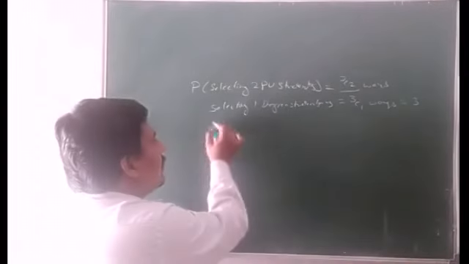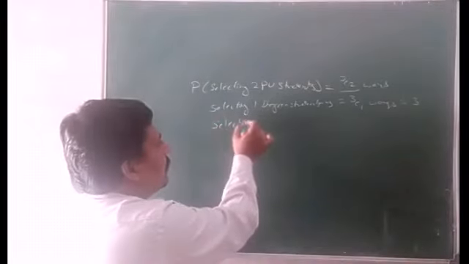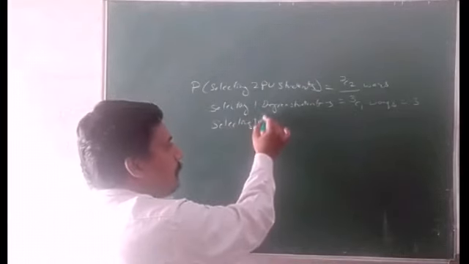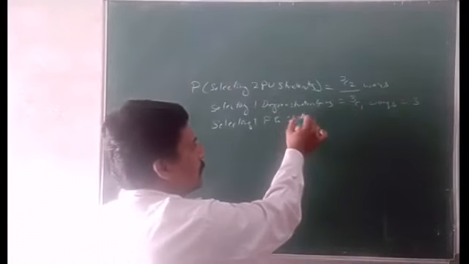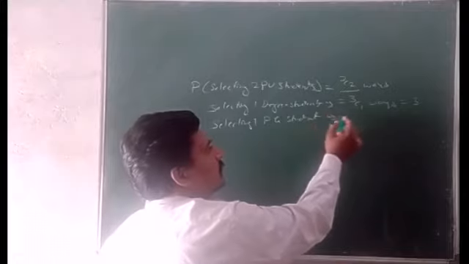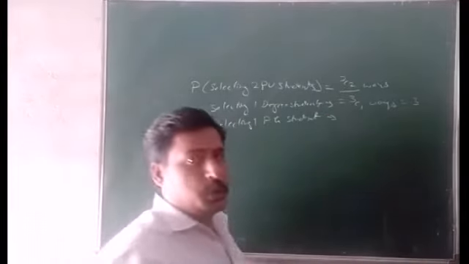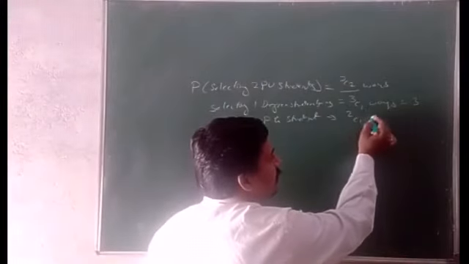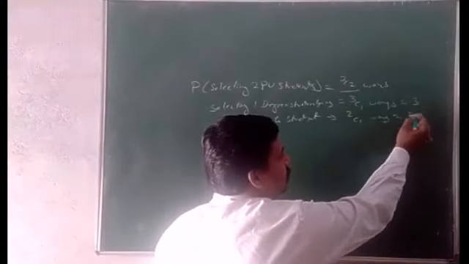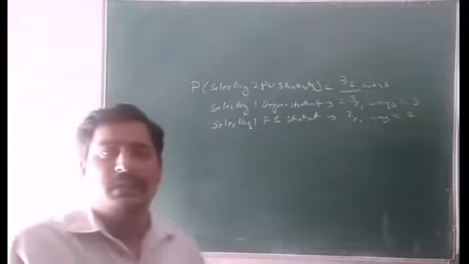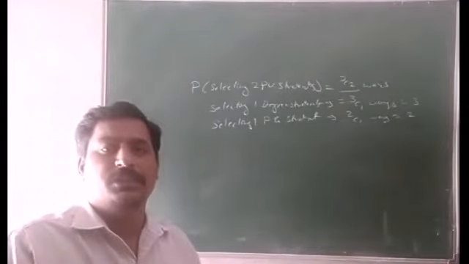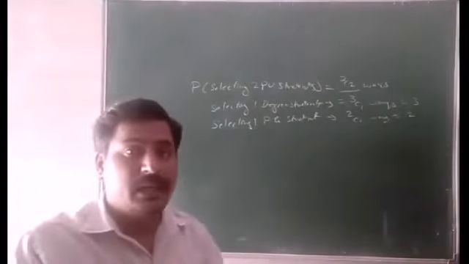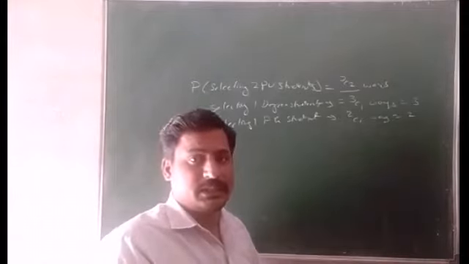Now selecting 1 post graduation student: total 2 post graduation students are there, so that can be selected in 2C1 ways. That is 2 ways. In 2 ways we can either select the first PG student or the second PG student.